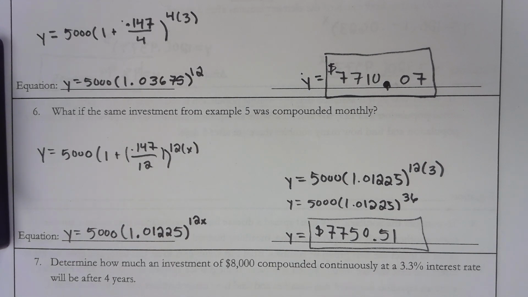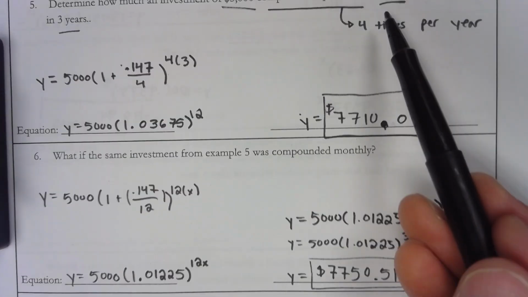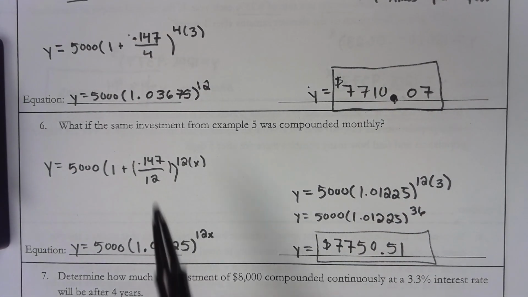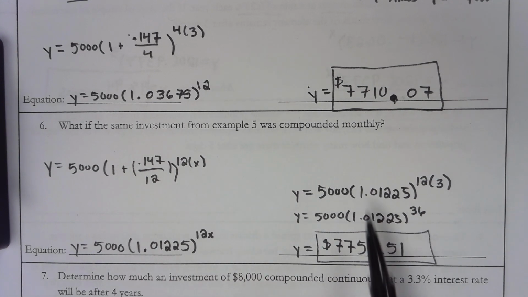When we start talking about millions of dollars or tens of millions or hundreds of millions, really small percentages or differences in that percent, like we go from 14.7 to 15, it makes a huge difference, right? With an investment of 5,000, yes, it's only a $40 difference. But again, if that number is bigger, okay, this percent makes that money change drastically. Okay, and that's the power, again, of accumulating interest.